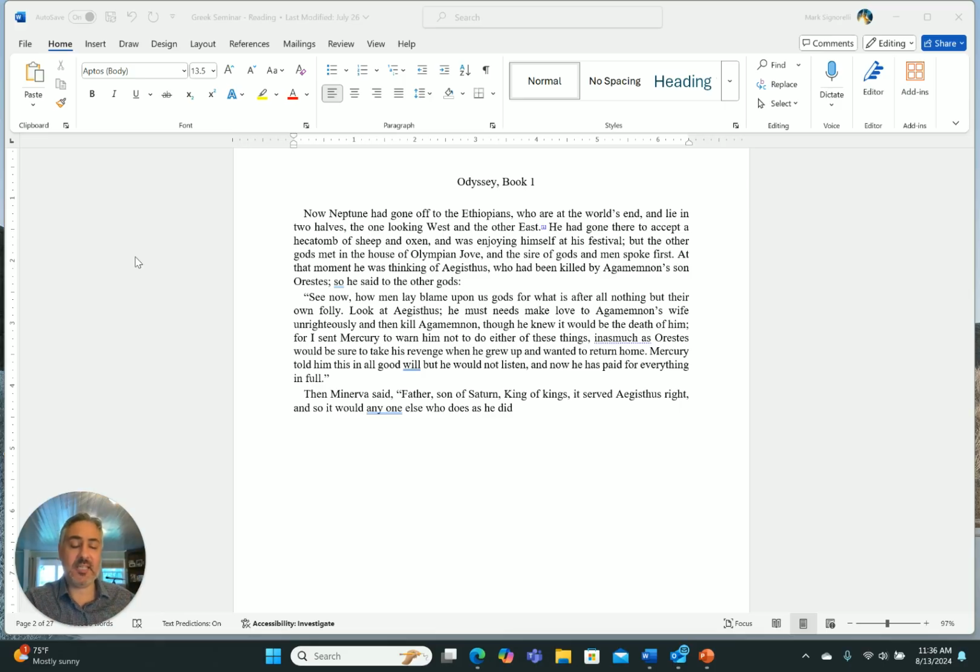The suitors are doing the same thing, and Aegisthus is finally killed rightfully for trying to take that power. There's a kind of foreshadowing here of what's going to happen to the suitors for their unrightful desire for power in Ithaca. Right, but the significance here is really to introduce Orestes as the model son.